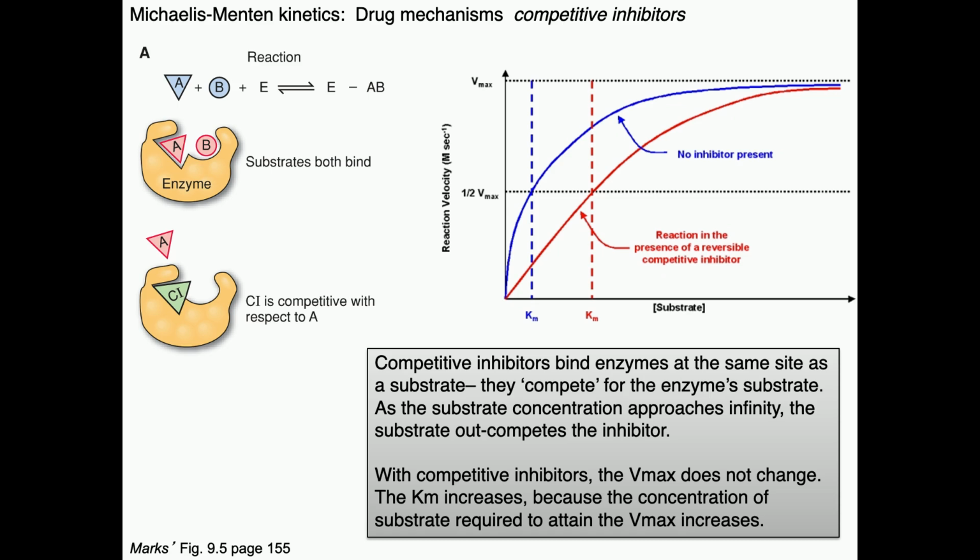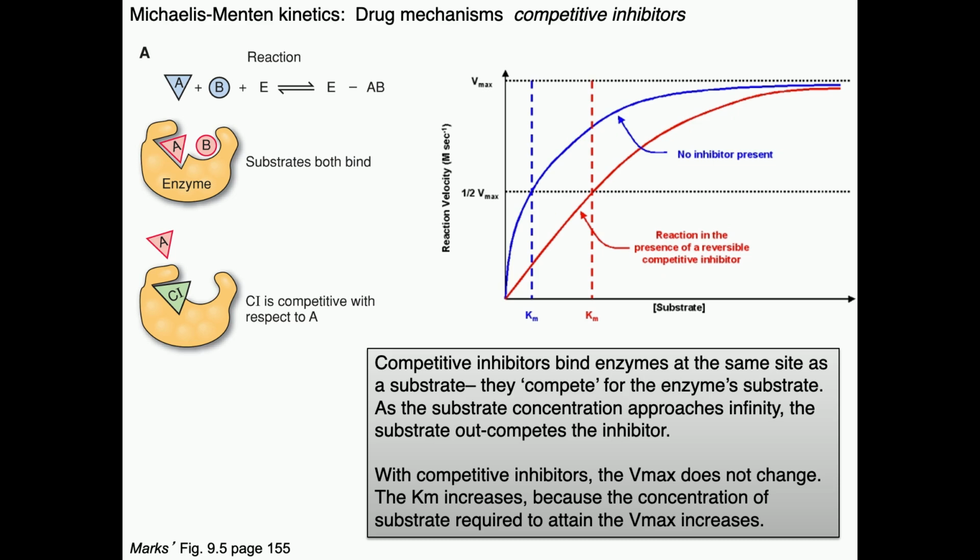Is that key? Now, at lower concentrations of the substrates, there's going to be competition for binding at the enzyme active sites. Some of the enzymes are going to bind the natural substrate and make a product. Some are going to bind the inhibitor and not make product. So at the lower concentrations, this is where you see the kinetic effect.